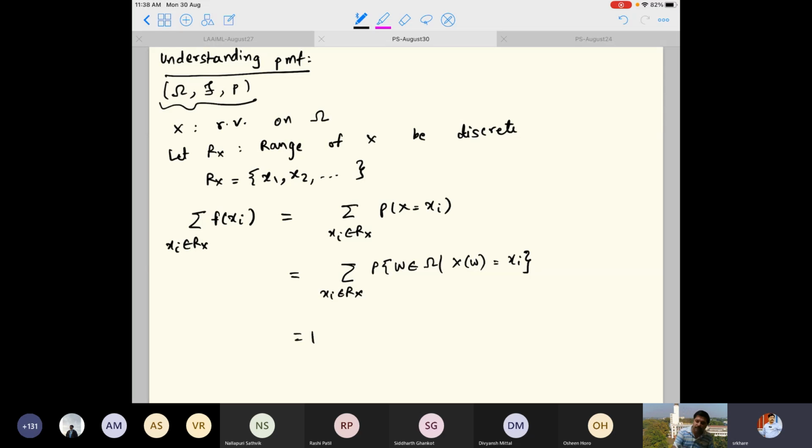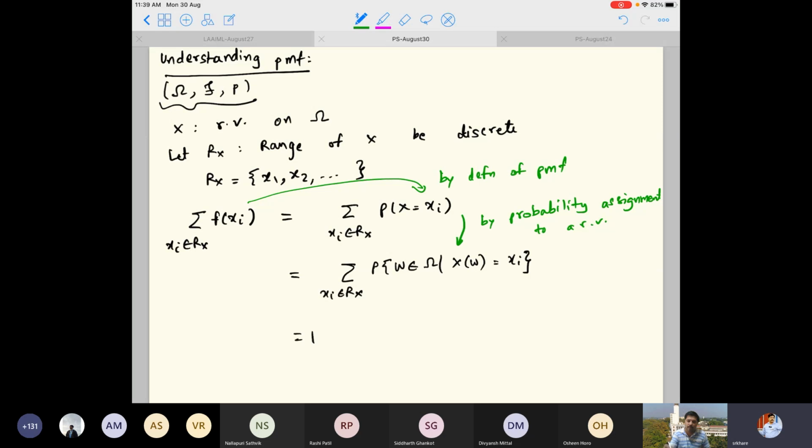So this is coming by definition of PMF, right? This is coming by probability assignment to a random variable, right? So this is something by definition. But now this is equal to 1. Why this is equal to 1, you will tell me.